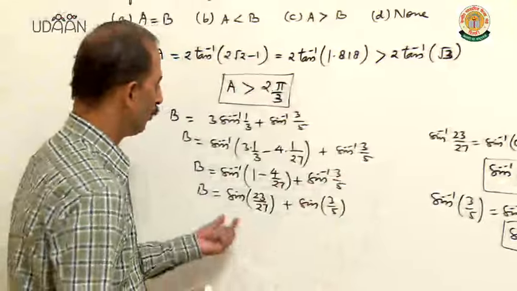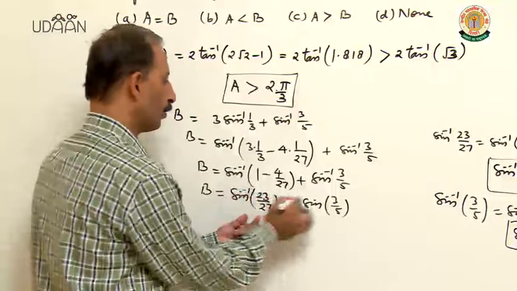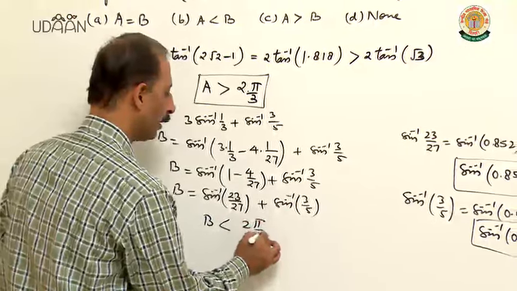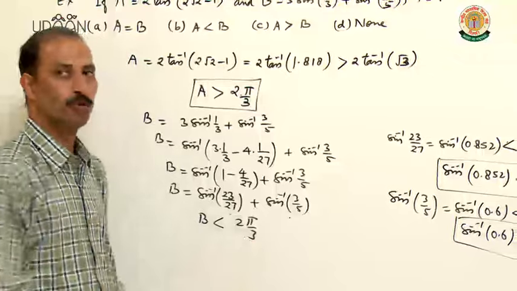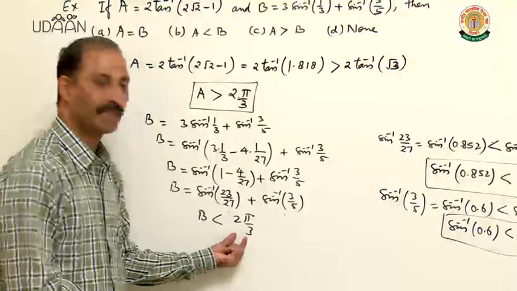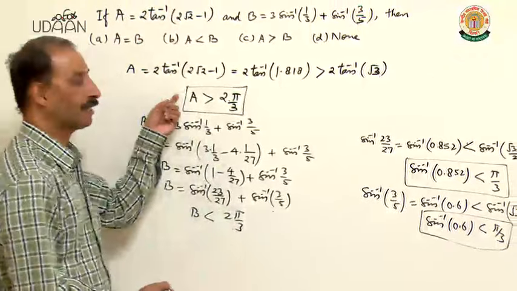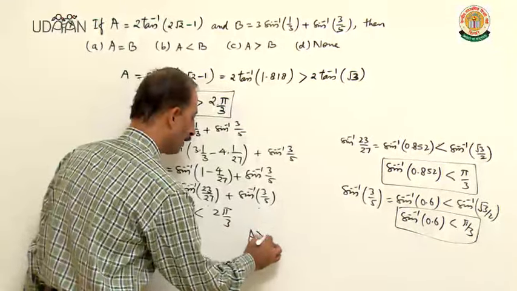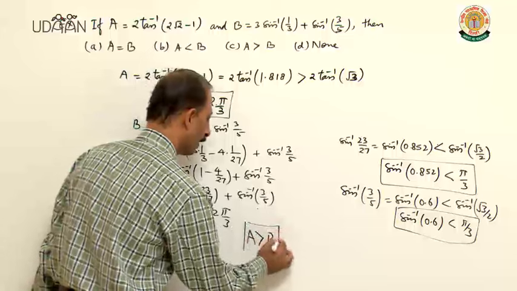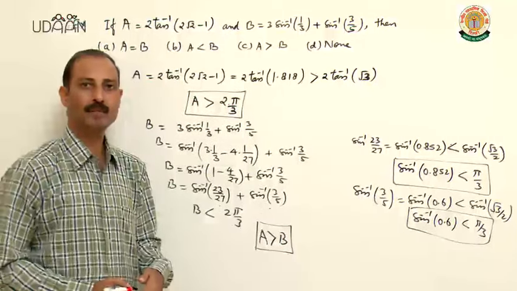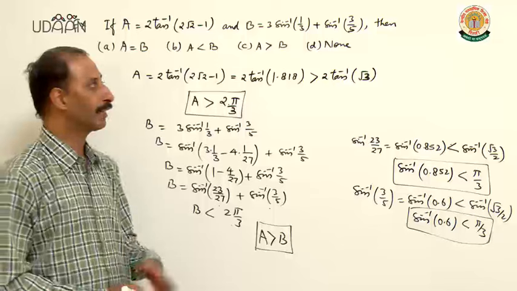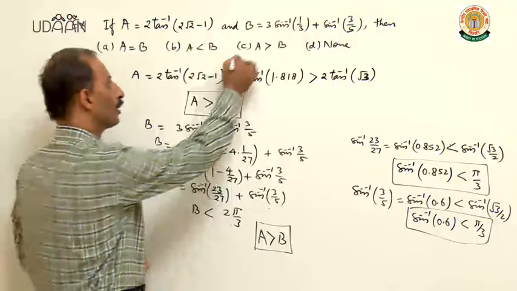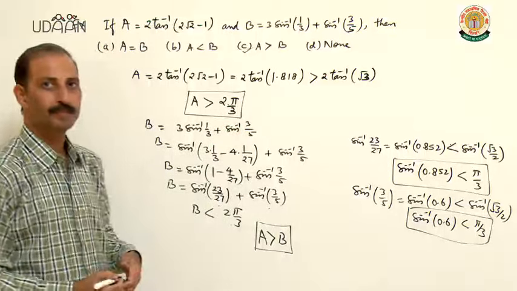So using these two values, you can say B is less than pi by 3 plus pi by 3, that is 2 pi by 3. B is less than 2 pi by 3 and A is greater than 2 pi by 3. It means A is greater than B. That is the relation we are getting between A and B. Now check which option is your correct option. So you can say C option is the correct one.